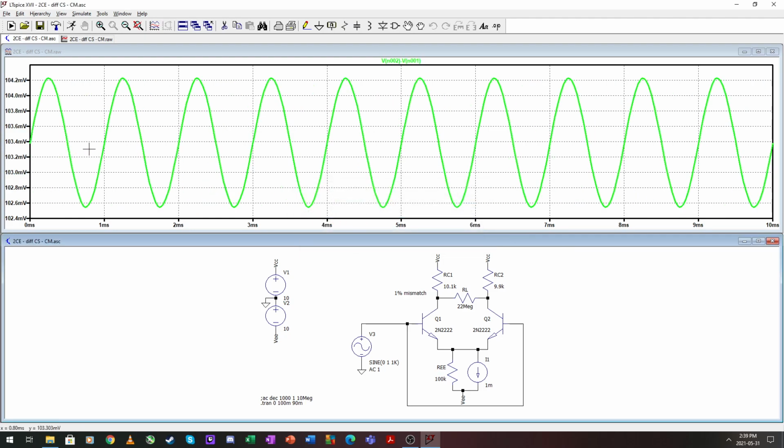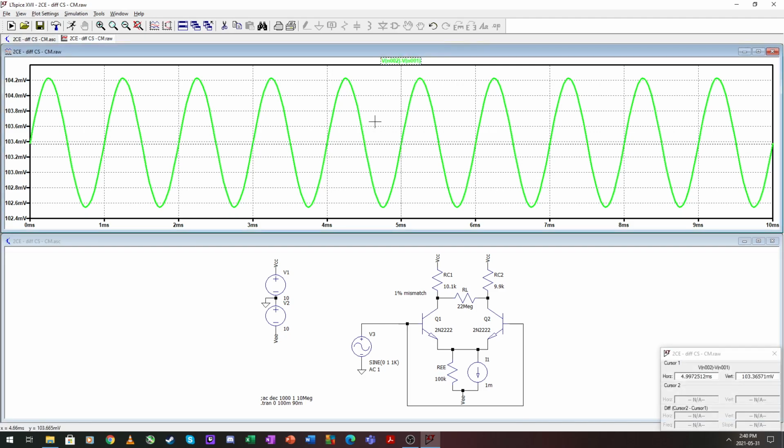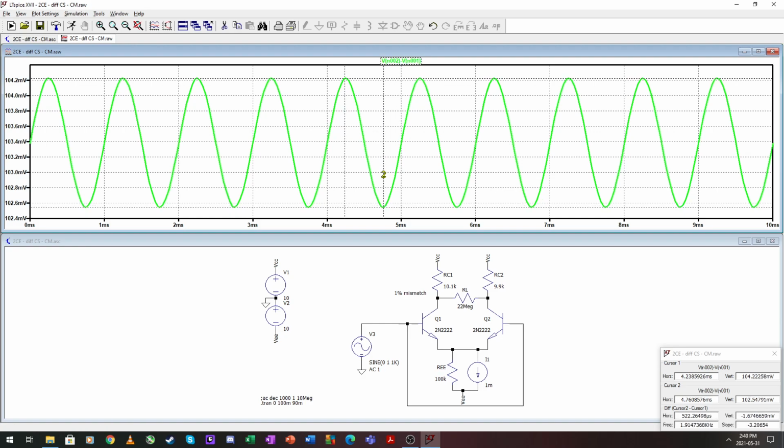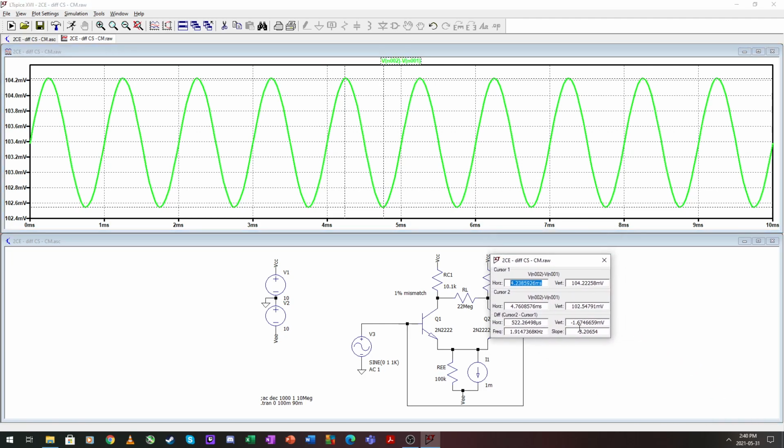Note that we have a 100 millivolt offset due to our collector resistors mismatching, and our difference between the two peaks here is minus 1.67 millivolts.